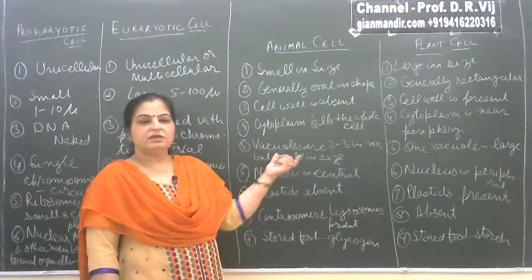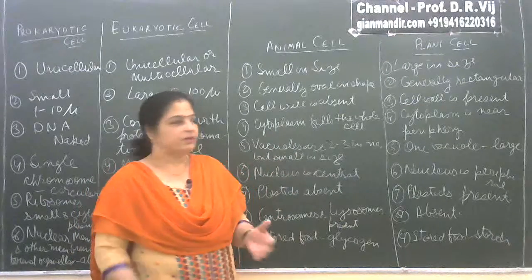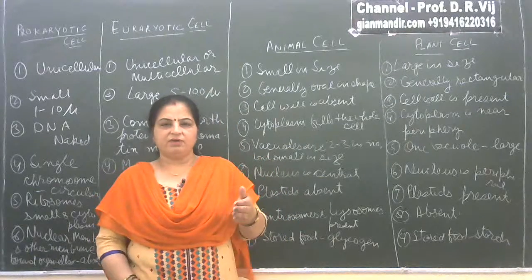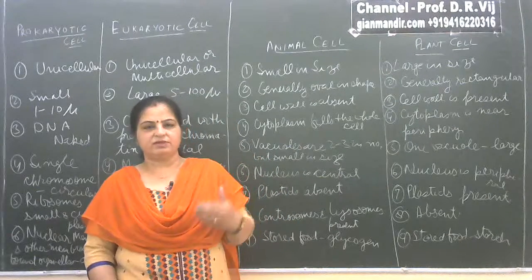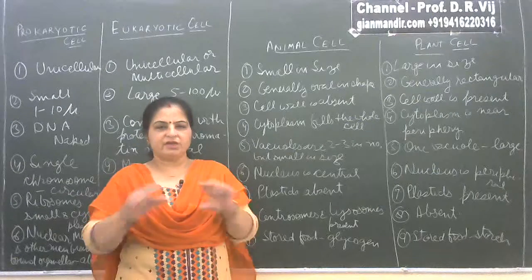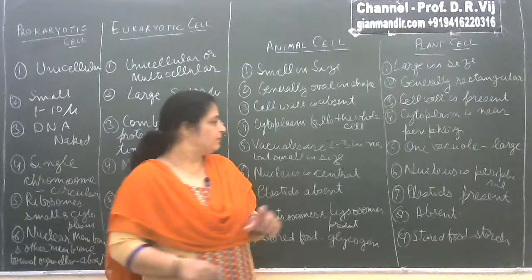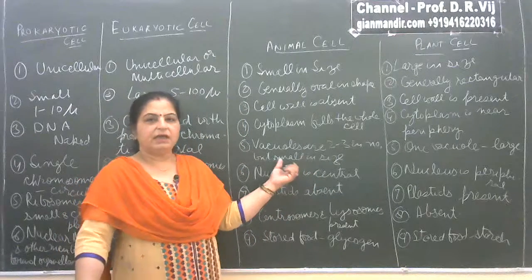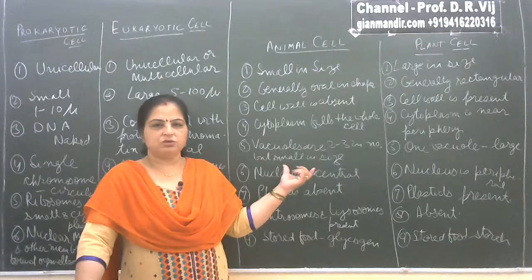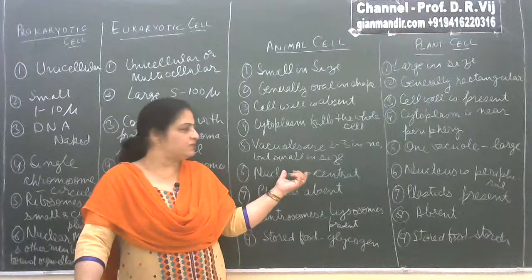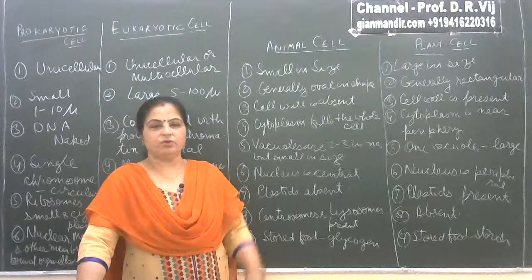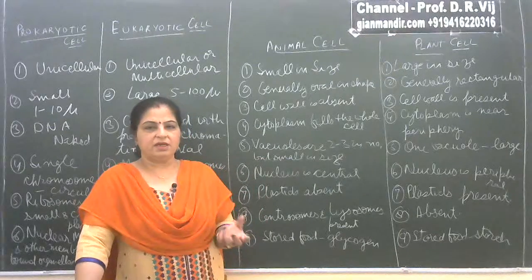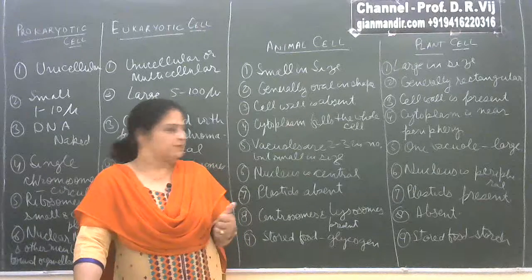In animal cells the cytoplasm fills the whole cell, but in plant cells, as there is a big vacuole present, this big vacuole pushes the cytoplasm towards the periphery, so the cytoplasm is concentrated near the periphery. In animal cells, either the vacuoles are absent, or if they are present, they are 2 to 3 in number and small in size. But in plant cells there is only one vacuole, which is very large in size and occupies almost 90% of the space inside the cell.